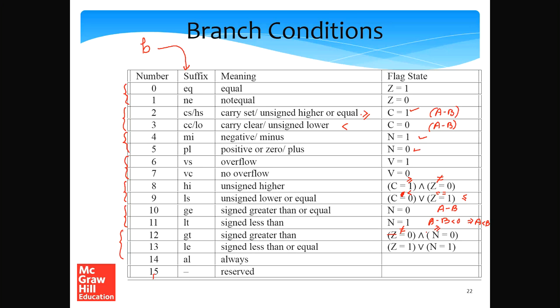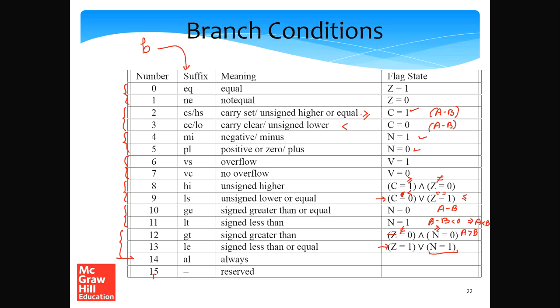The same logic holds: if A is greater than or equal to B and A is not equal to B, then A is greater than B. The same logic holds for signed less than or equal. If you consider these two expressions, they are equivalent. The Z flag needs to be 1, which means either there is equality or there is less than. This is the condition for unsigned less than, and this is the condition for signed less than.